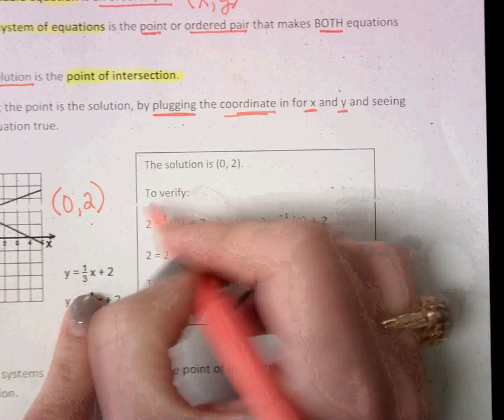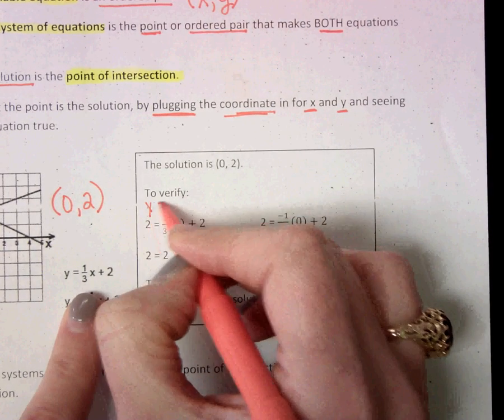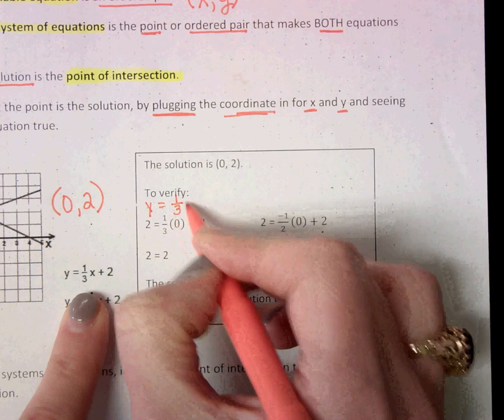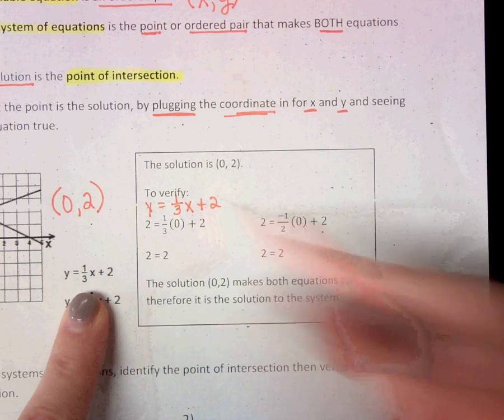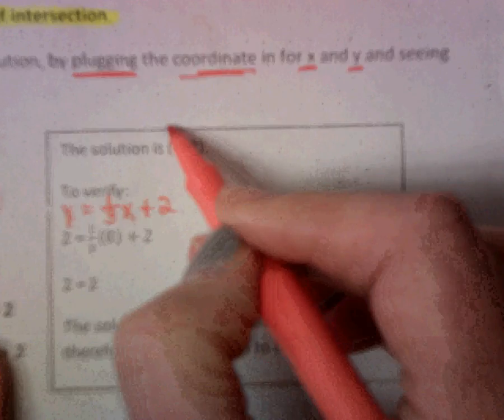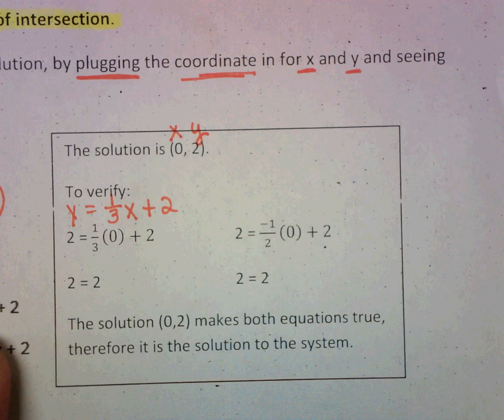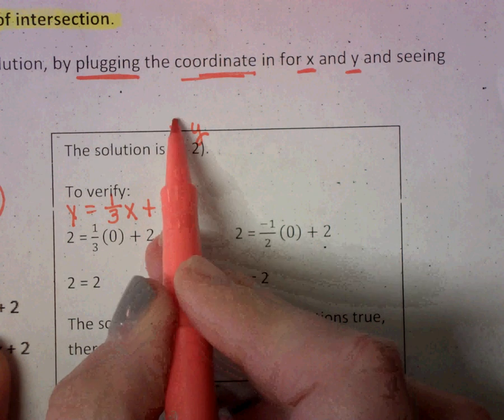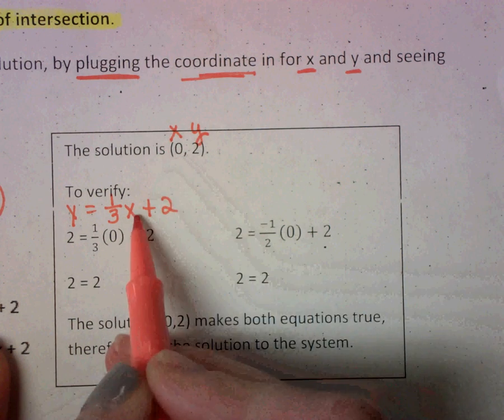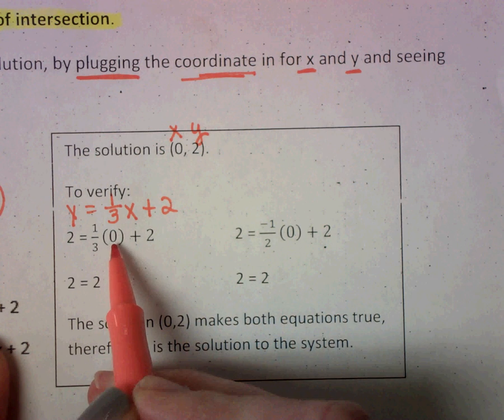Okay, the first equation was y = 1/3 x + 2, right? Remember that in our ordered pair, this is my x, this is my y. So I took 0 and I plugged it in for x into my equation.